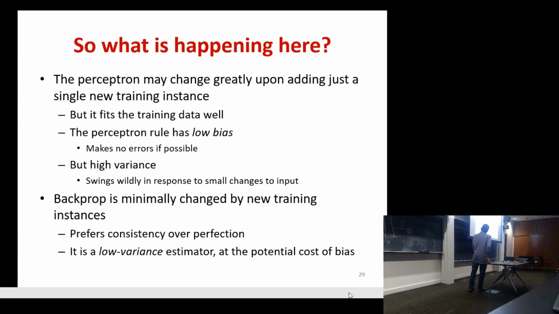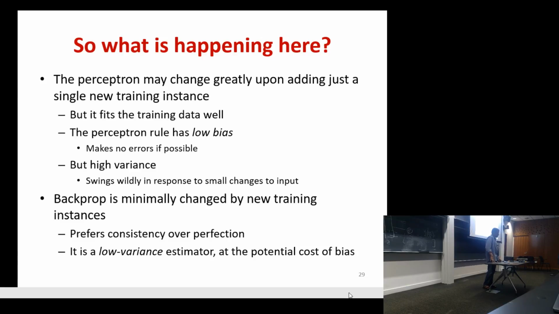Yeah. So the perceptron, there's a way of stating it. You've heard of bias and variance, right? In machine learning, the perceptron rule is unbiased. It will always find the correct solution, but a single point can blow the solution in different ways, right? The perceptron classifier rule for linearly separable classes has zero bias.